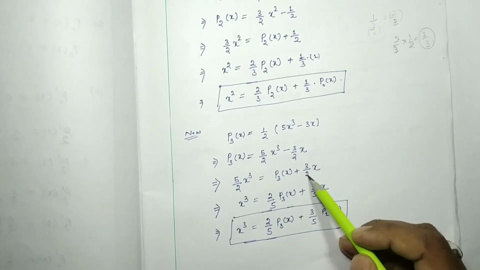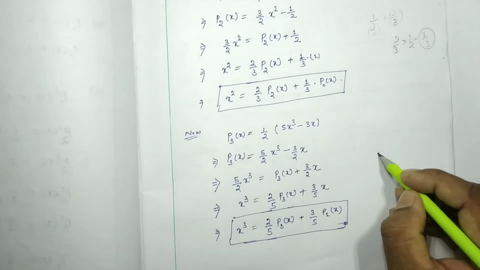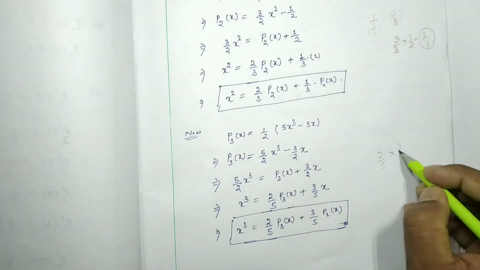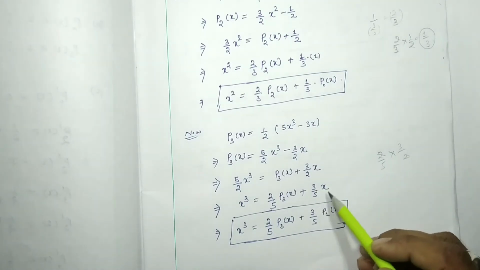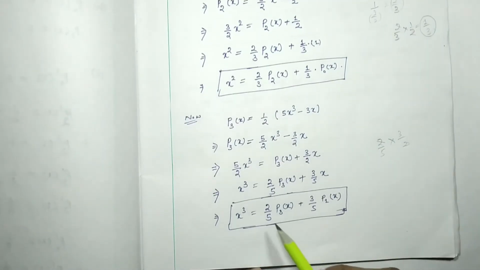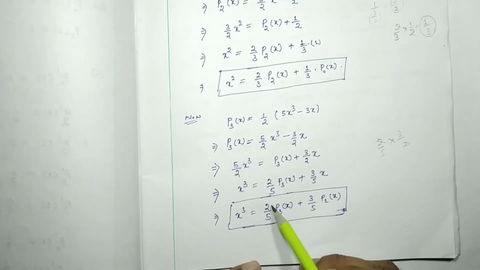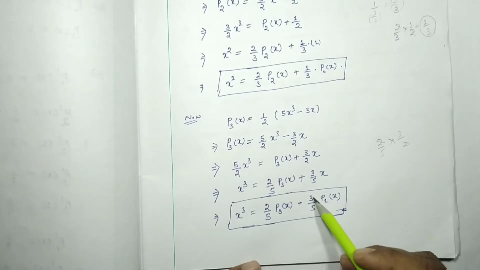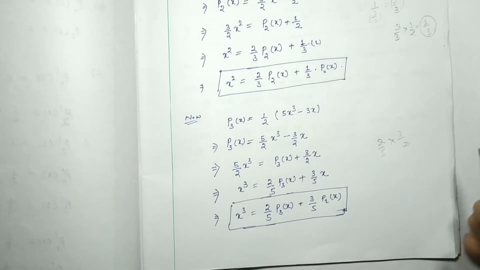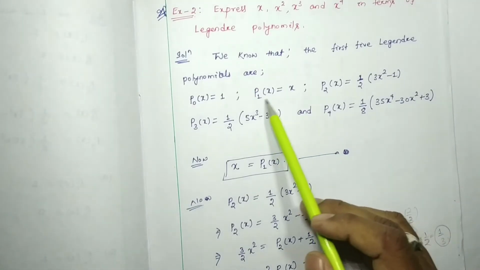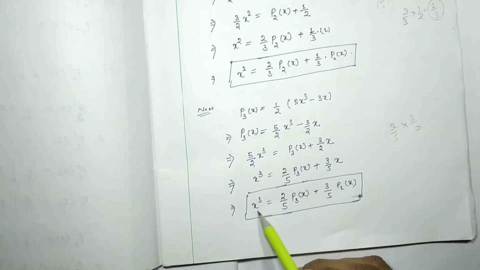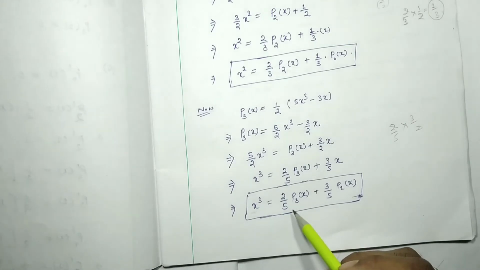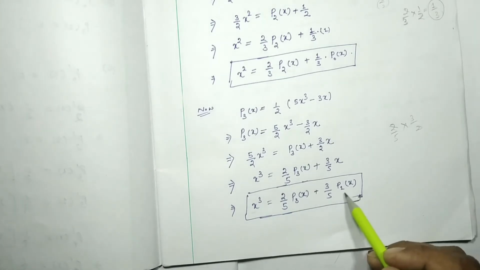Here 3 by 2 is already there, so 2 by 5 into 3 by 2, the 2 got cancelled and we get 3 by 5 into x. So x cube will be equal to 2 by 5 p3(x) plus 3 by 5 into x. X is nothing but your p1(x), so instead of x we can write p1(x). So here x cube is expressed with the help of p3(x) and p1(x).